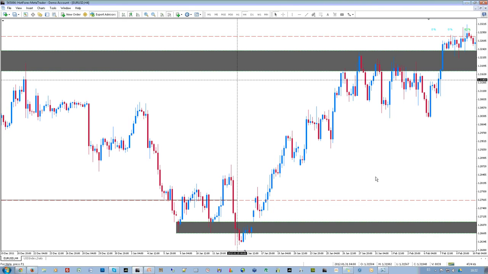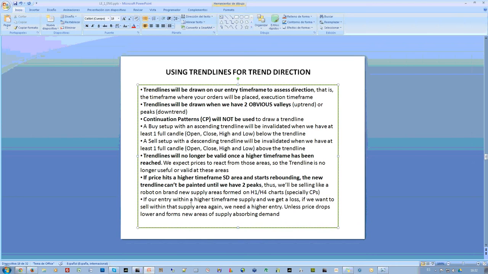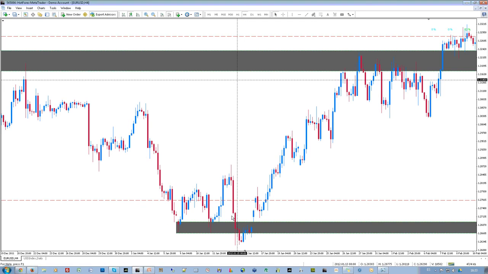So since we reached a higher time frame area, now this is our first trade. We are not allowed to buy here anymore. We have to wait for a retest, a lower penetration. This is another rule. If our entry is within a higher time frame area and we get a loss or a winner or whatever, and we want to buy within that demand area, we need a lower entry, I mean, lower price.